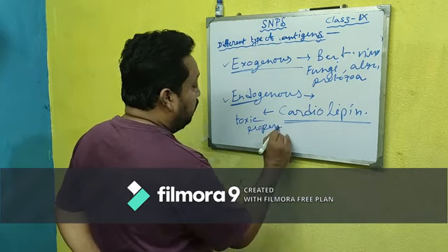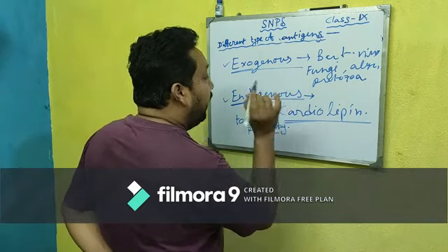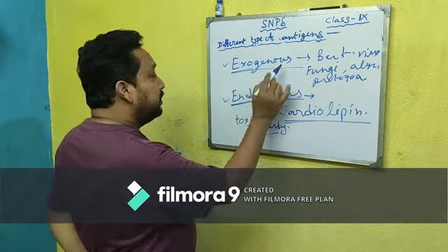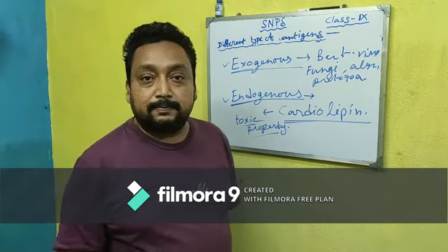That's why it is also an antigen, and as it is produced within our body, it is known as endogenous. So antigens are two types, exogenous and endogenous.